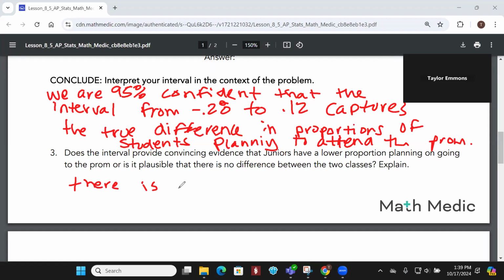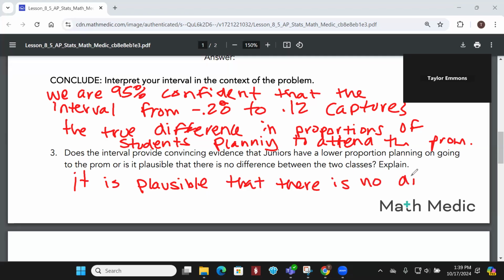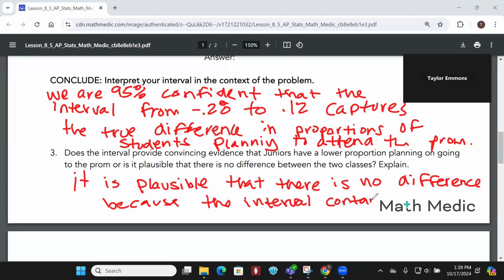It is plausible that there is no difference because the interval contains 0.